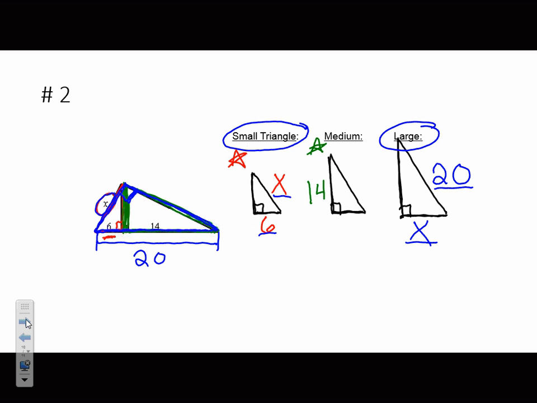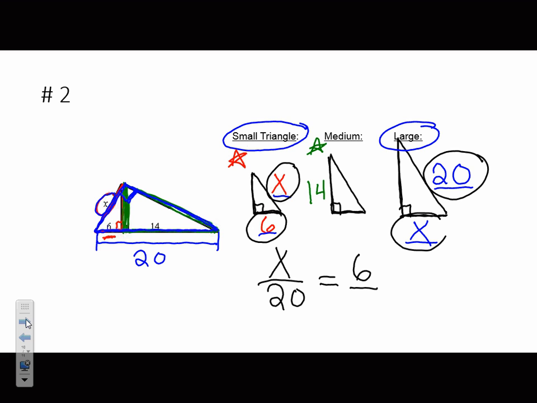From here, I'm going to set up my proportion. If I have x here, x is in the same place as 20 over here. So it's going to be x over 20 equals, now I'm going to come back to my small triangle, 6 over x. Once I get this far, all I'm going to do is cross multiply.